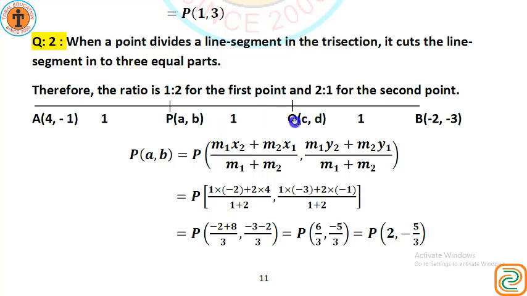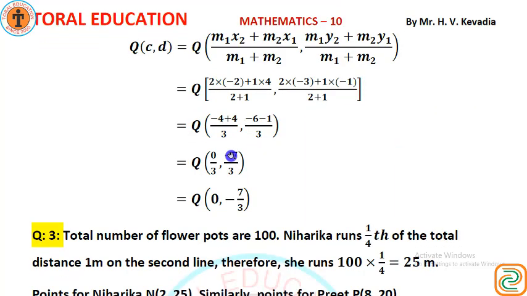Now Q. For Q we have to take ratio 2:1 because we have taken from A. If we take from B, the ratio will be 1:2. So here also, same formula, (m1 x2 + m2 x1) upon (m1 + m2), (m1 y2 + m2 y1) upon (m1 + m2).